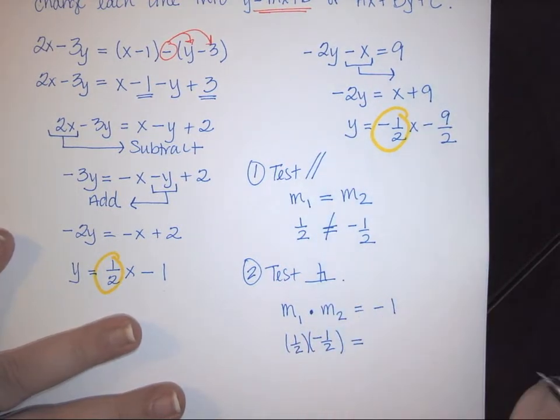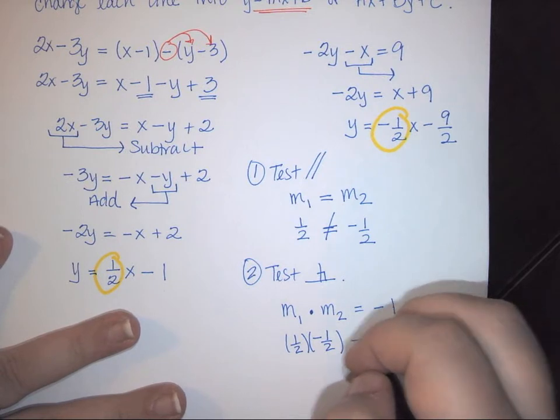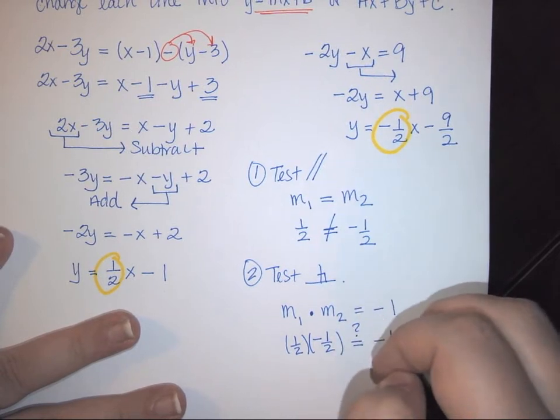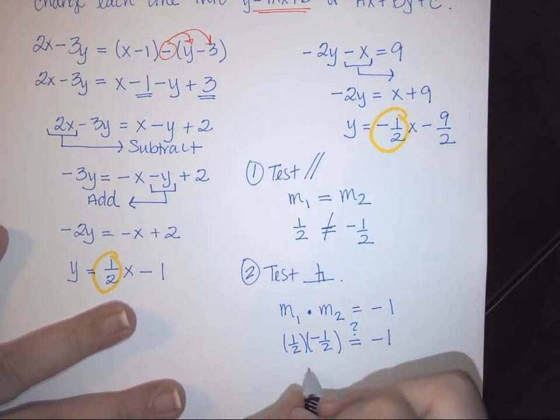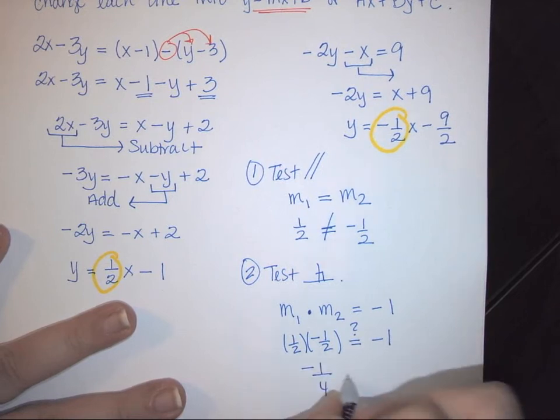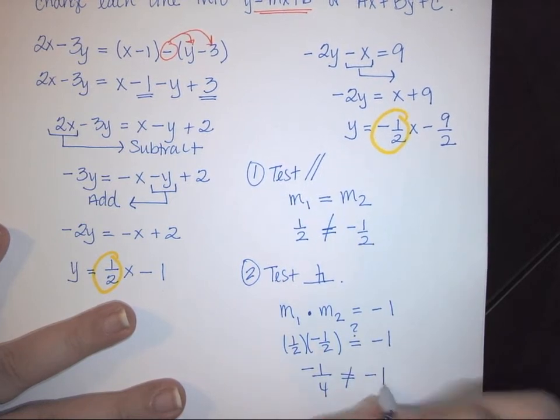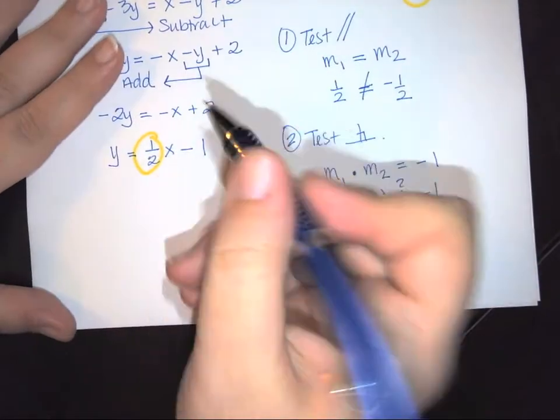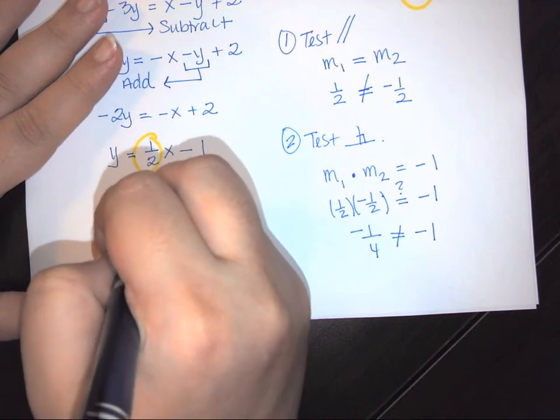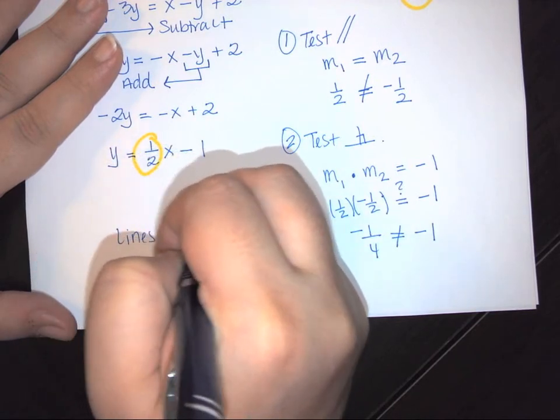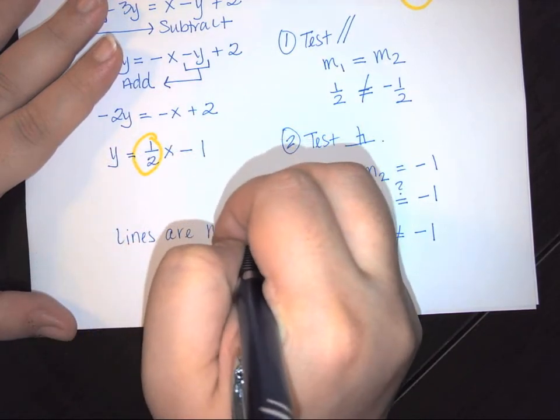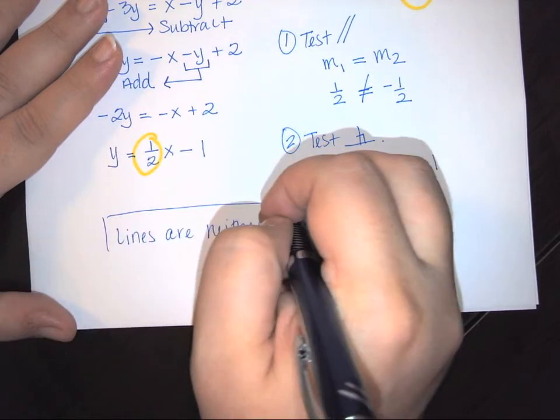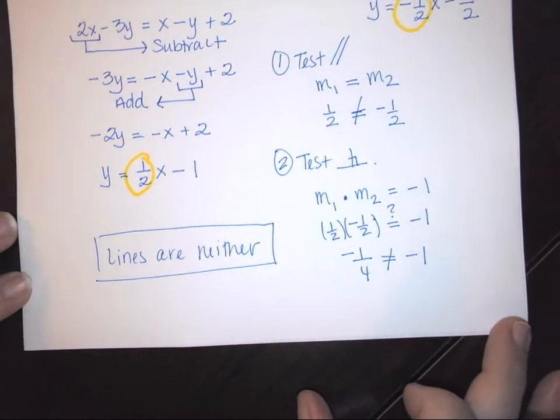And when I multiply those together, it does not equal negative 1. Instead, I have negative 1/4, which is not what I wanted. Since I fail both tests, then that means the conclusion you have to make is that the lines are neither. And this is the answer to your problem.